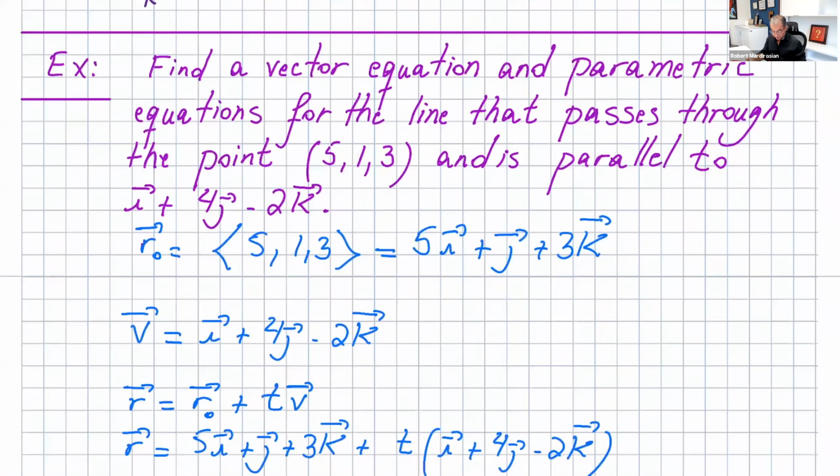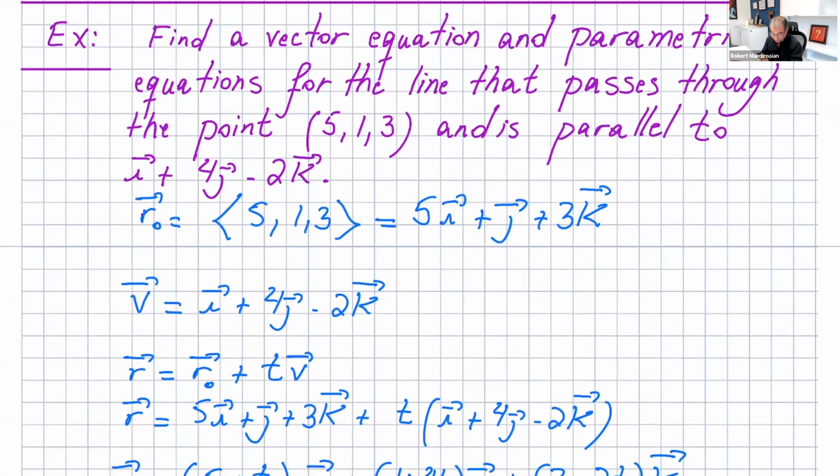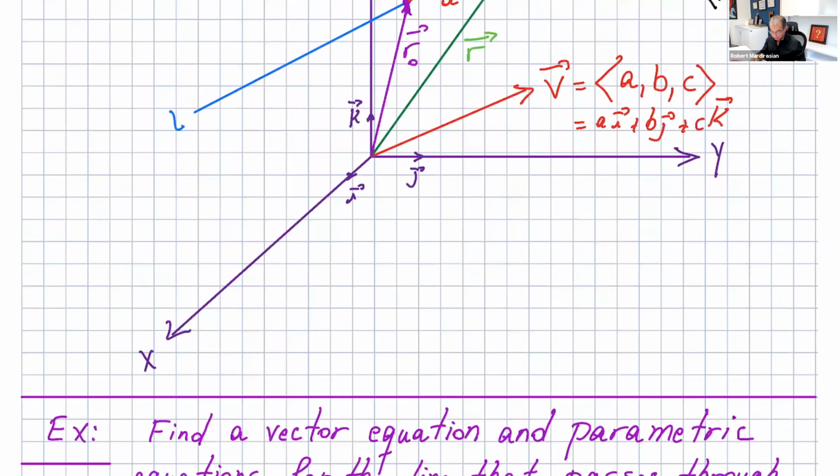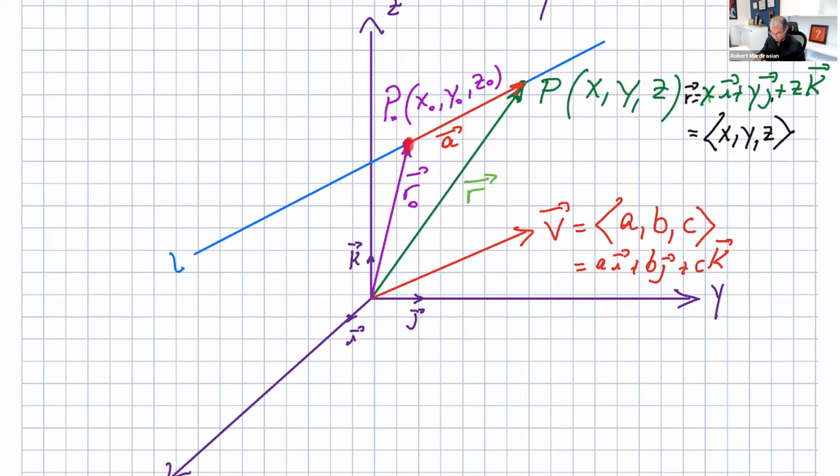Now let's do some examples and see how we can use those. The first example says find a vector equation and parametric equation for the line that passes through the point 5, 1, and 3 and is parallel to i plus 4j minus 2k. One thing we know is this is a point on the line, so this is R0, P0.